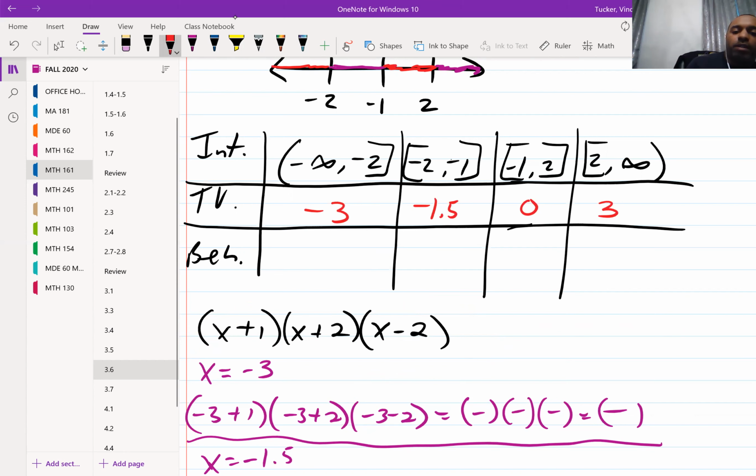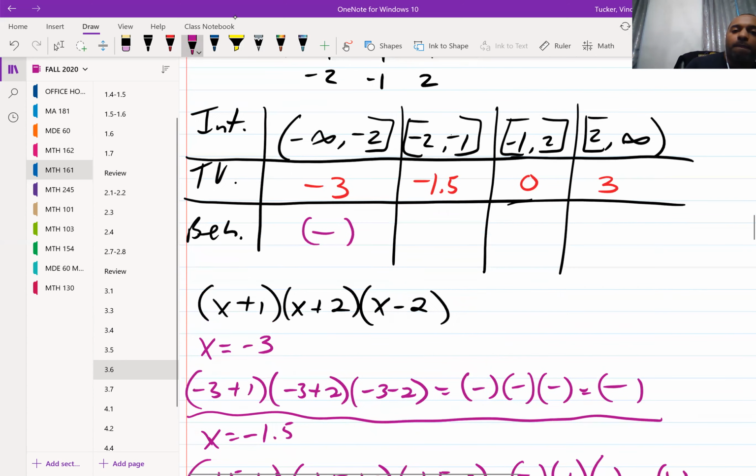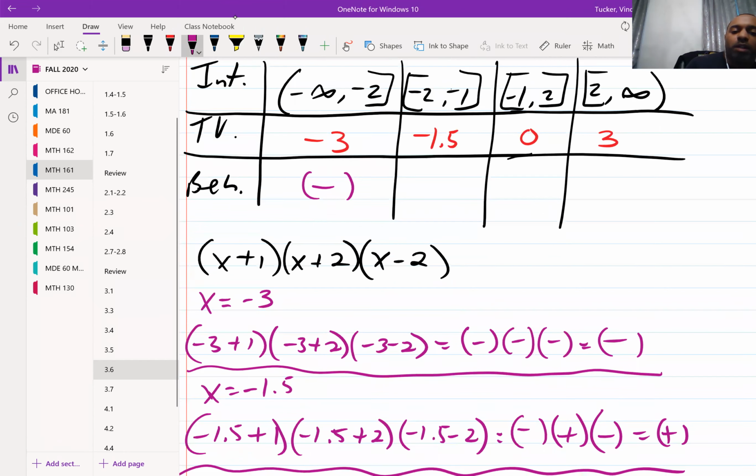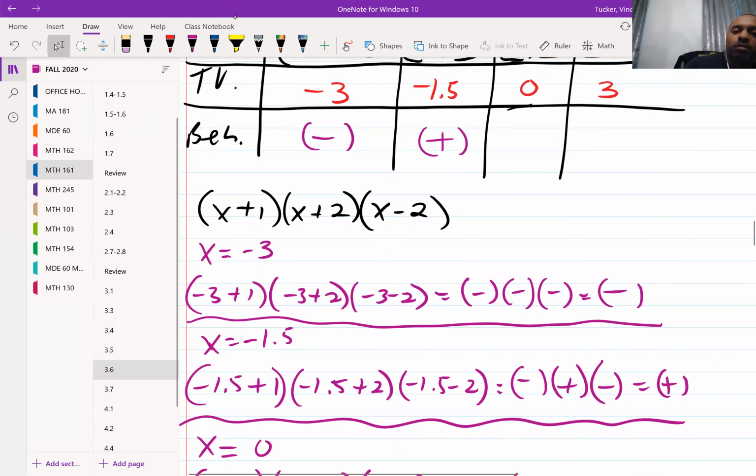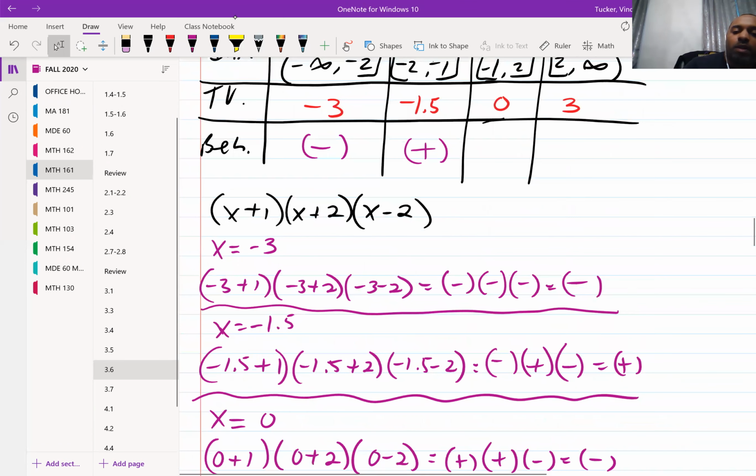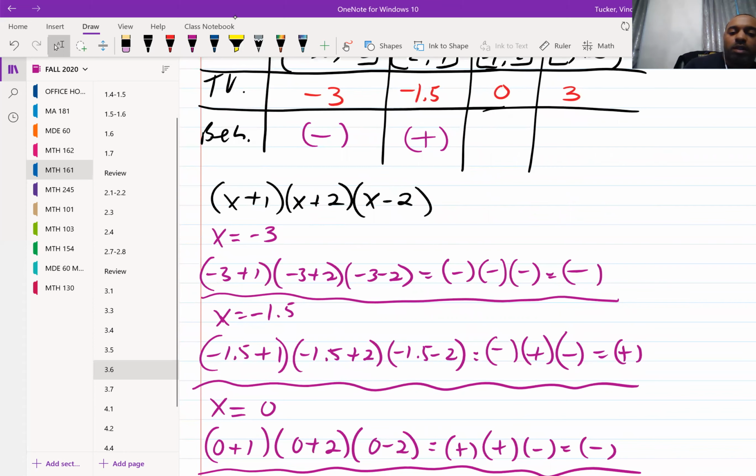So plugging in -3 ends up giving me a negative times a negative times a negative, which is just negative. Plugging in -1.5 ends up giving me a negative times a positive number times a negative number, which will give me positive. Plug in 0, get +1 times +2 times -2, which would be negative.